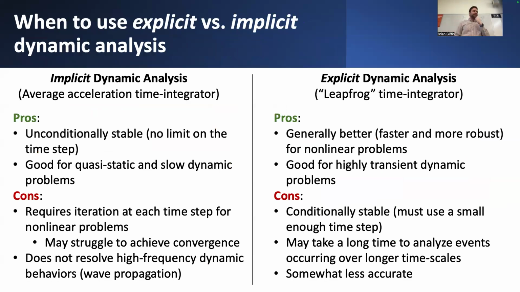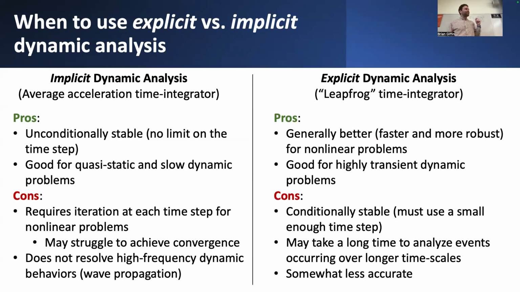Anyways, the reason that you should be concerned about this is that clearly it means that there are certain limits on when we can use this nice explicit dynamics analysis. And I'll point specifically not just to that condition, but also to the more general differences between implicit dynamic analyses, which still require nonlinear iteration at each time step, still having to assemble a stiffness matrix and invert these matrices to actually carry out the solution procedure each time step.